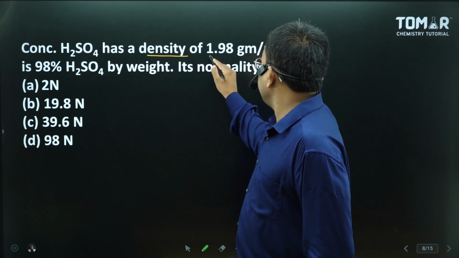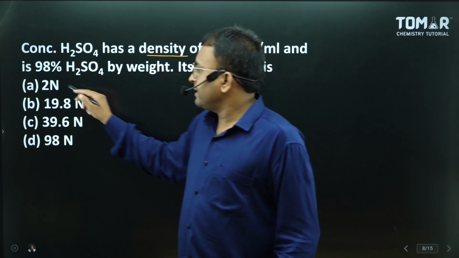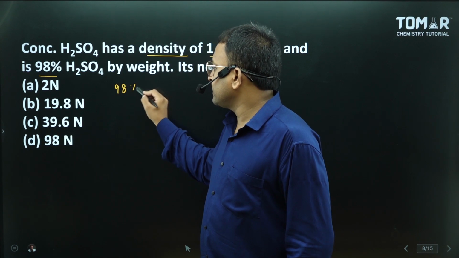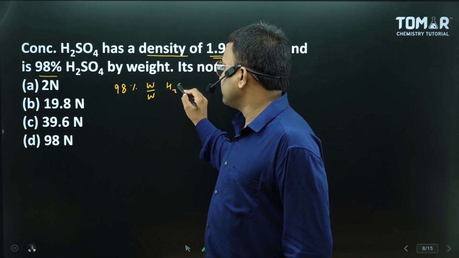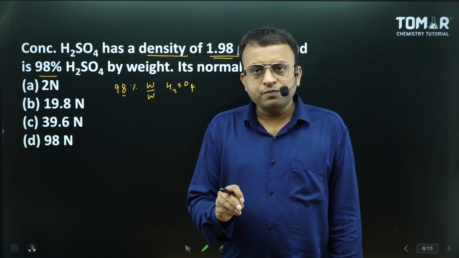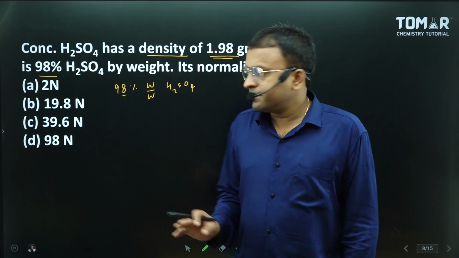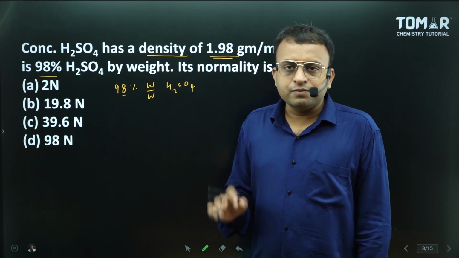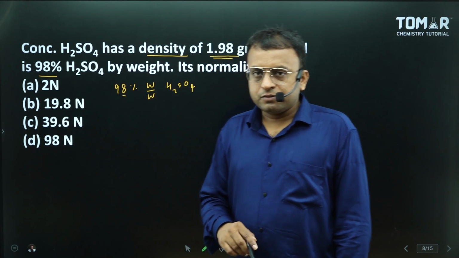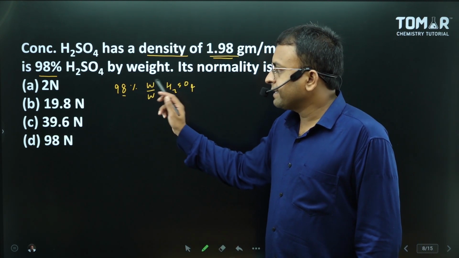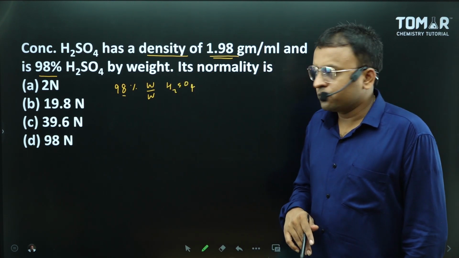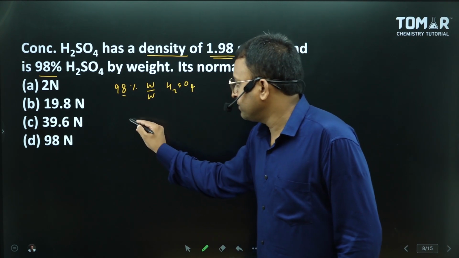Concentrated H2SO4 has density of 1.98 and is 98%. This percent is 98% weight by weight H2SO4. This means 98 gram of H2SO4 and 2 gram of water. This is concentrated H2SO4. 98 gram H2SO4 and 2 gram of water, so that the solution is around 100 gram.